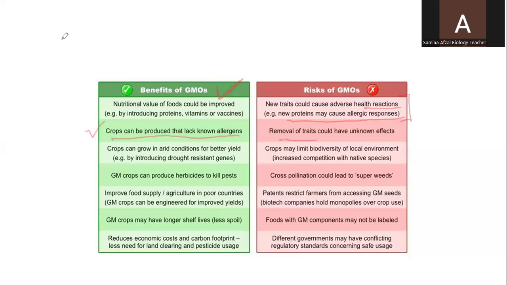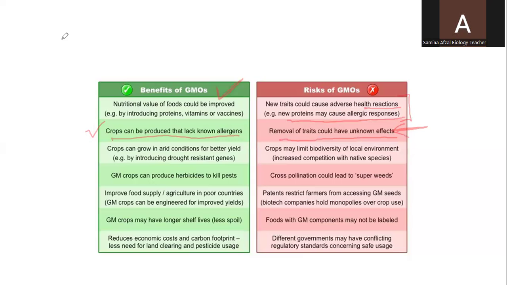So the removal of traits could have unknown effects, and sometimes the risk factor is that we are growing the crops with new traits. We don't know any effect of those plants, so there is a possibility that it can affect us or it can give benefit to us.